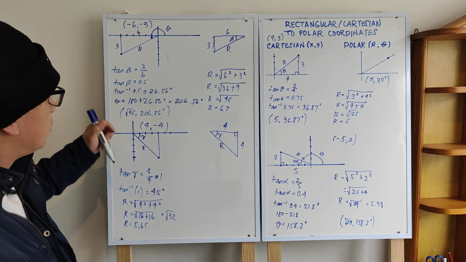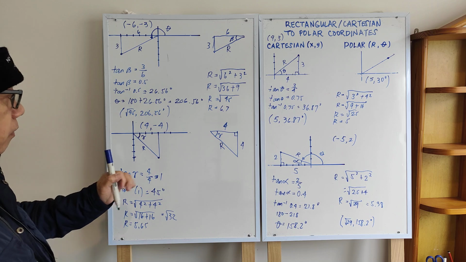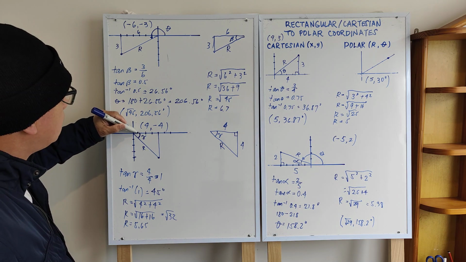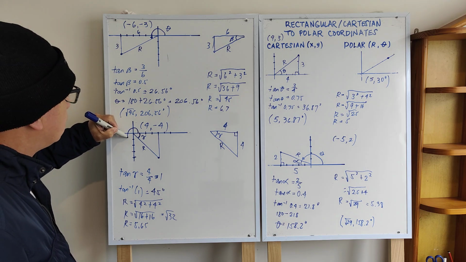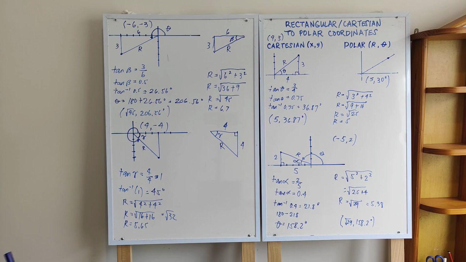So this is, by the way, angle gamma. What we have measured is only this one, but we have two options. This is your theta from here all the way around. We can have two options.